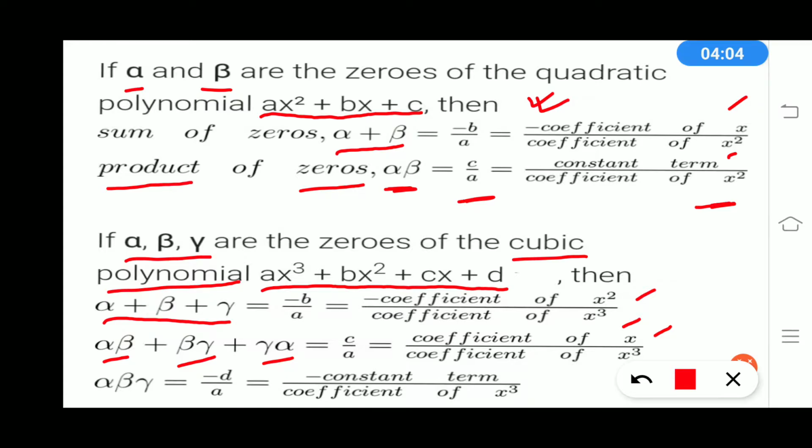Next, in pairs, alpha beta plus beta gamma plus gamma alpha equals c by a, equals coefficient of x divided by coefficient of x cube. Next, the product of the zeros, alpha beta gamma, equals minus d by a, so equal to minus constant term divided by coefficient of x cube.